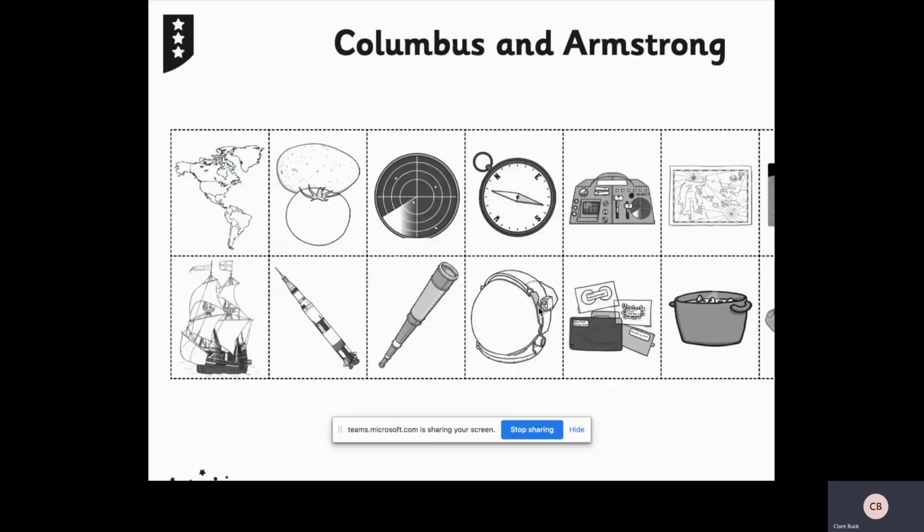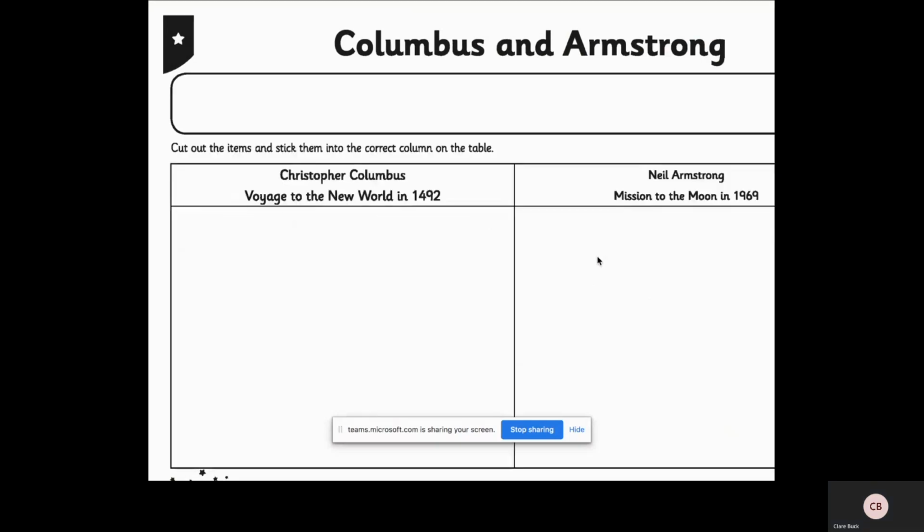So here are the items you're going to sort. You've got ship, telescope, helmet, compass, map. And you're going to put them in this table. So Christopher Columbus voyaged to the New World in 1492, items there. That's where you'll stick those items.